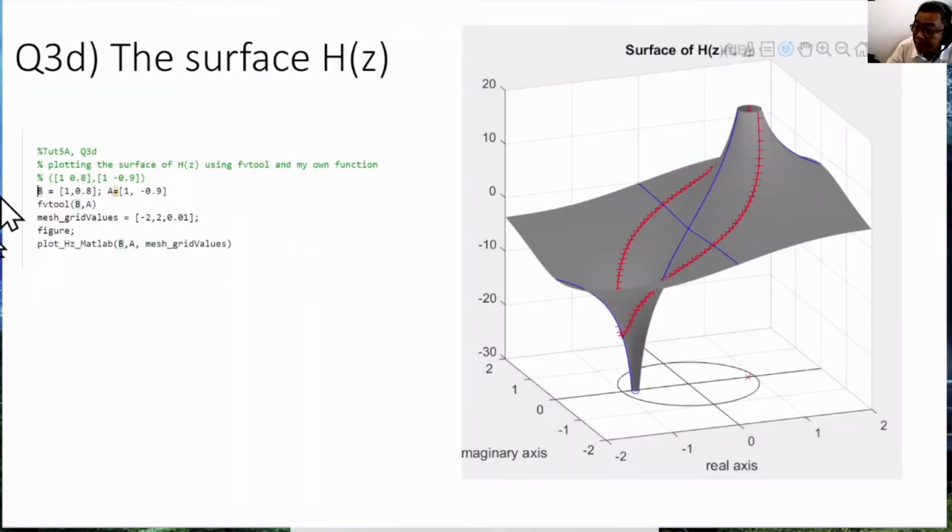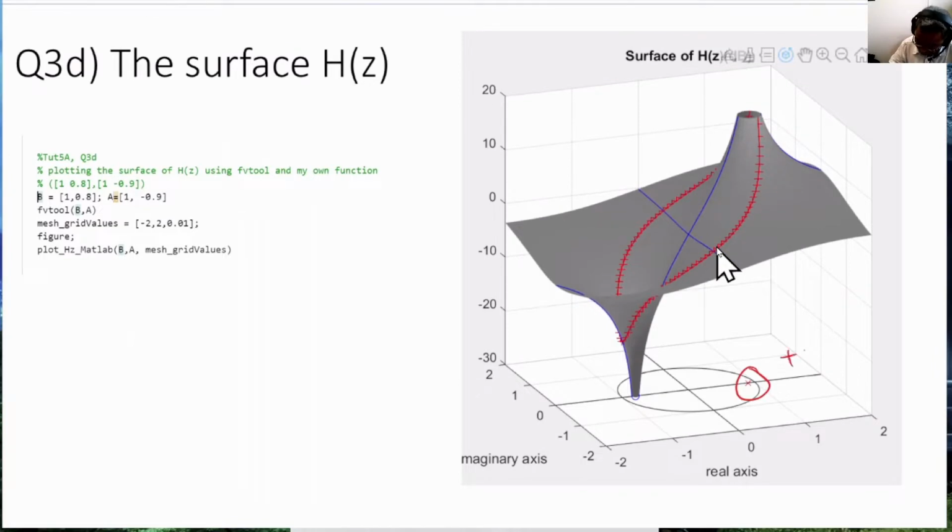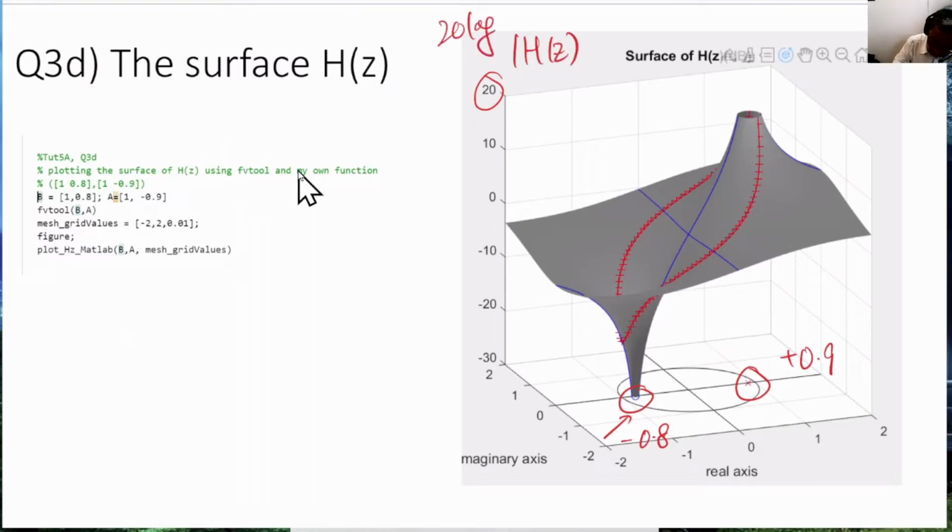Lastly, this is my MATLAB code to show you the surface of H(z). There is a pole at positive 0.9 and there is a zero at minus 0.8. The vertical axis represents the magnitude of H(z) in 20 log, so this is in log scale.